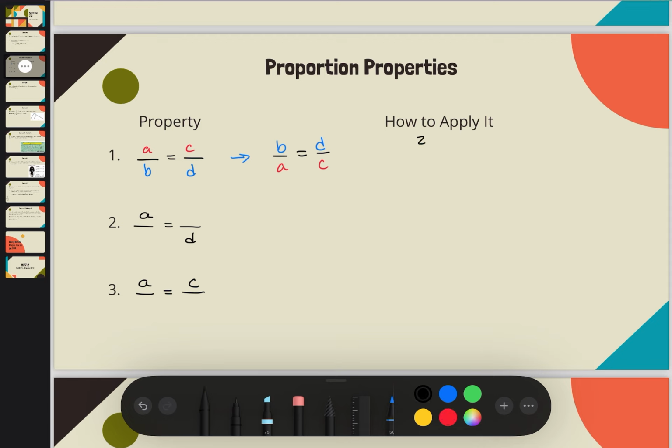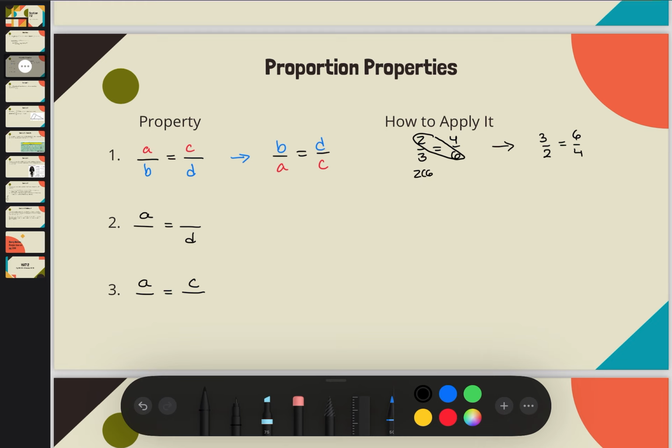And let's see this with some numbers. If I say 2 over 3 is equal to 4 over 6, hopefully we'll all agree that's true. If I apply this property, then I would rearrange this and get 3 over 2 equals 6 over 4. Would we also say that that is true? Hopefully, yes, right? If I simplified 6 over 4, it would just get me right back to 3 over 2. So I am not saying that A over B equals B over A. Like, I'm not saying that the reciprocal equals the original, but I am saying that I'm writing an equivalent expression, something where the cross products are the same.